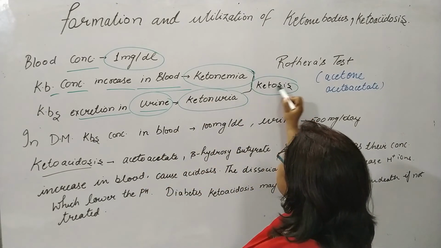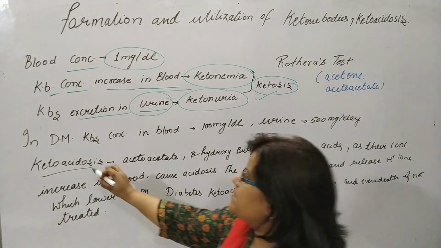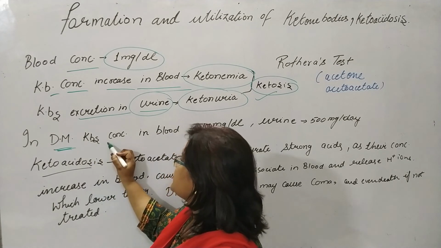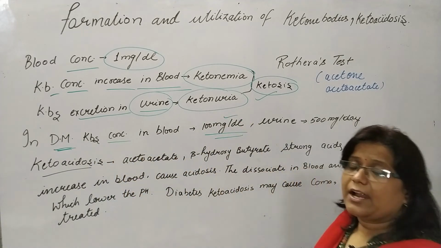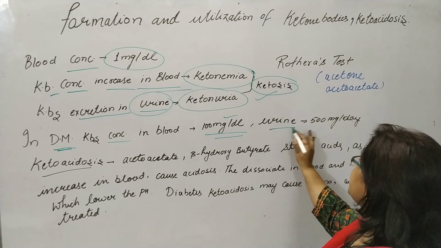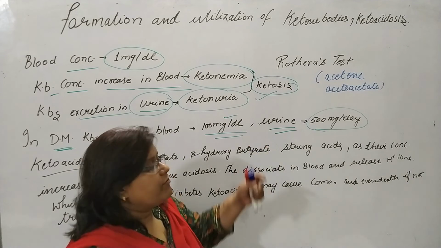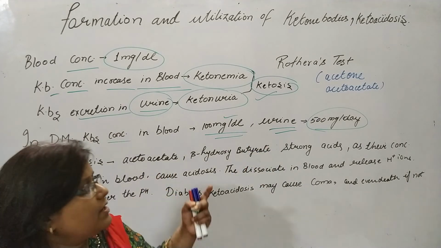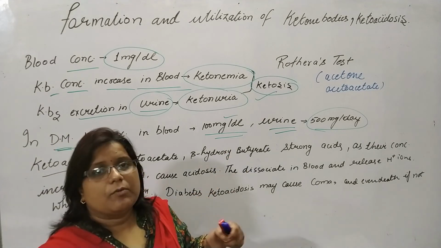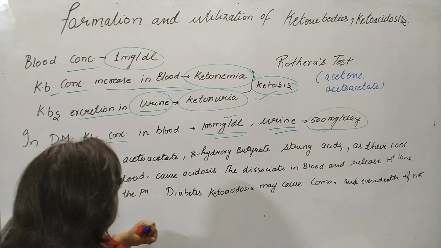Both phenomena combined are known as ketosis. In diabetes mellitus, the ketone body concentration in the blood is around 100 mg per deciliter, and in the urine around 500 mg per day.